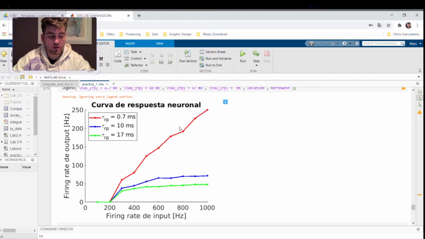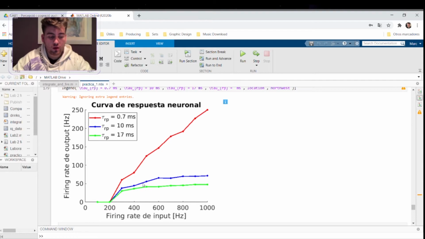So after a certain point, the input spike frequency doesn't matter. So this is why neurons with longer refractory periods flatten earlier. For example, this one at 17 milliseconds and this one at 10 milliseconds flatten earlier as their threshold input value is lower.